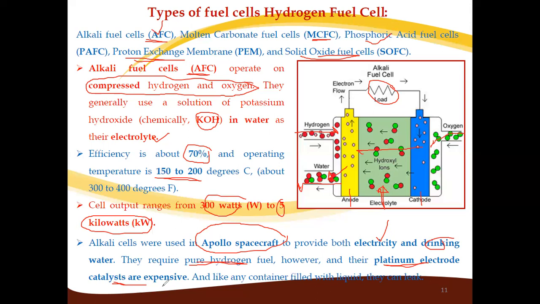And like any other container filled with liquid, this fuel cell can leak because it is filled with liquid, so a leakage problem will be there in the alkali fuel cell.